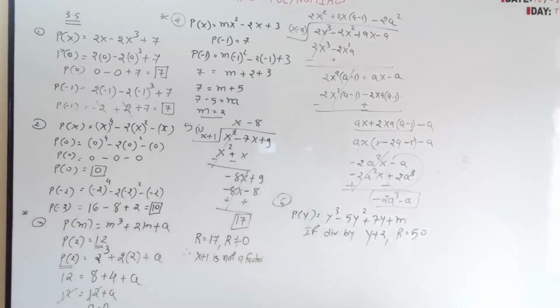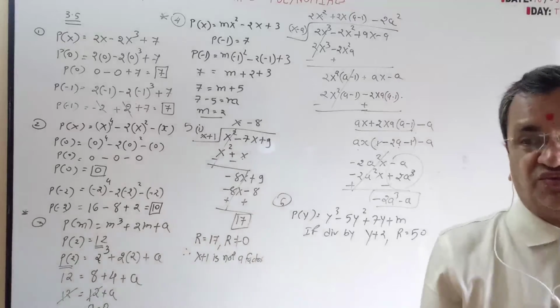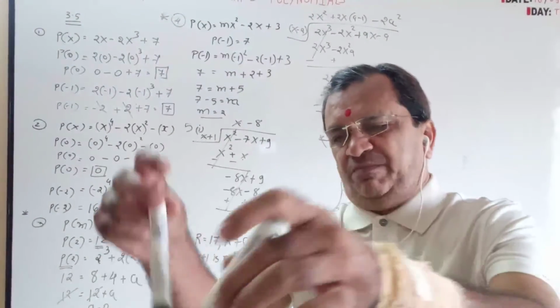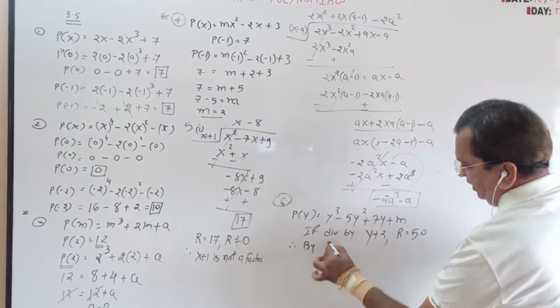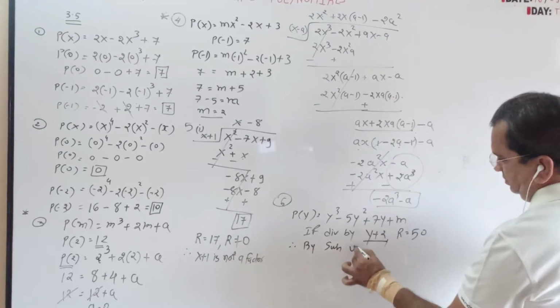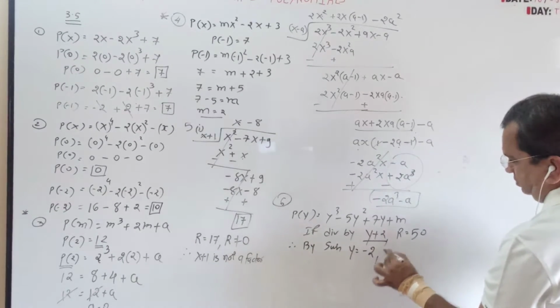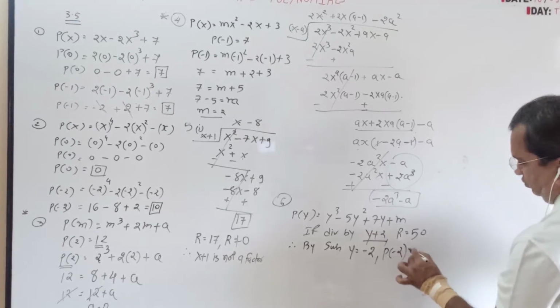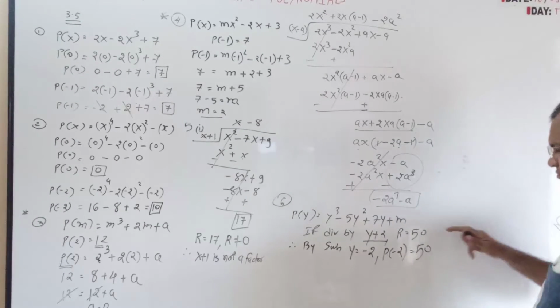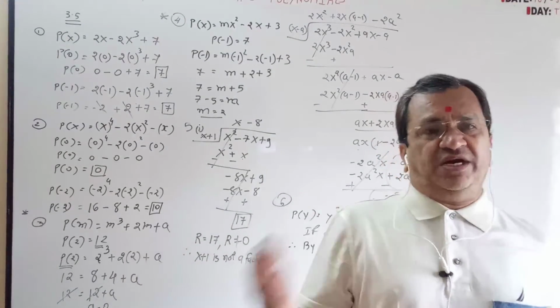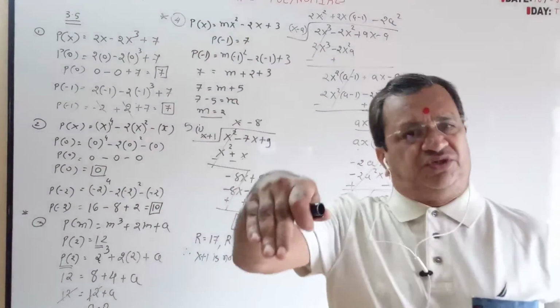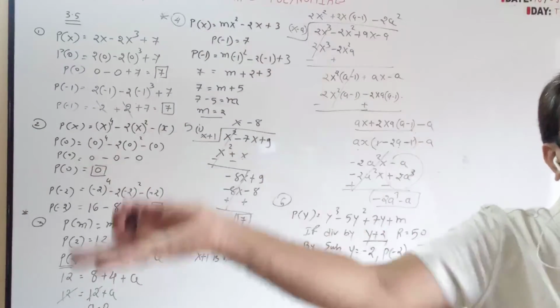If divided by y plus 2, so y is equal to minus 2. Simple. Therefore, by substituting y is equal to minus 2, p of minus 2 will be 50. Remainder is given. By what you can divide means the opposite sign you have to substitute. y plus 2, so y is equal to minus 2.